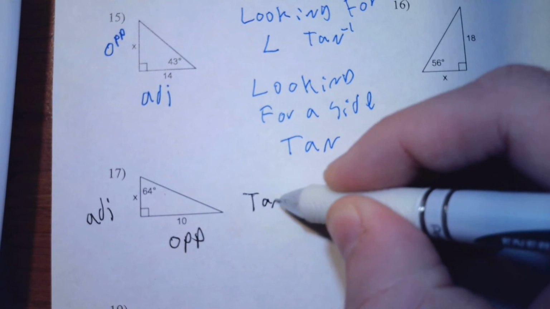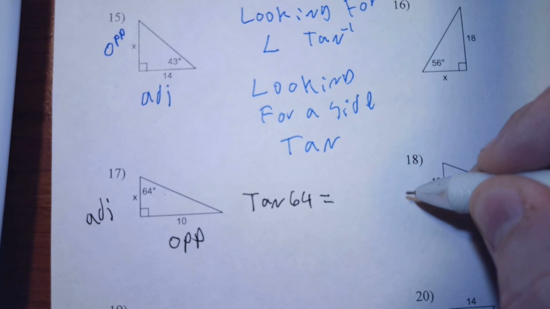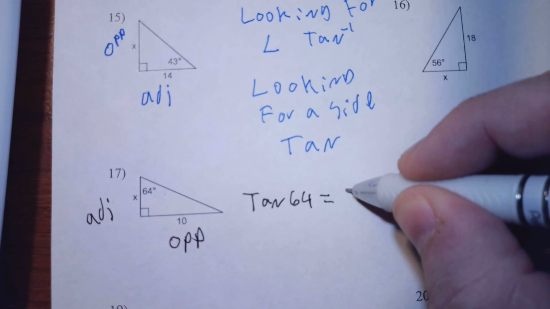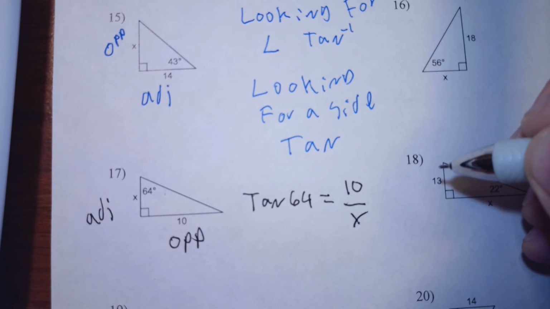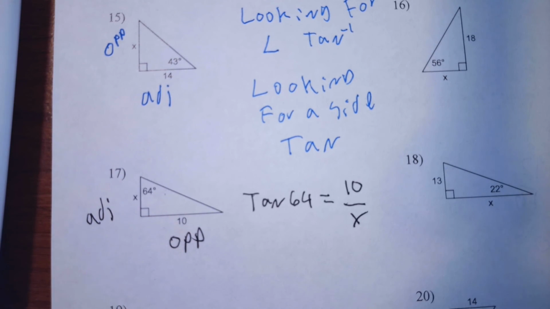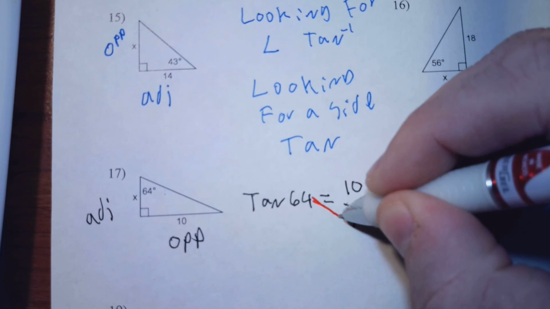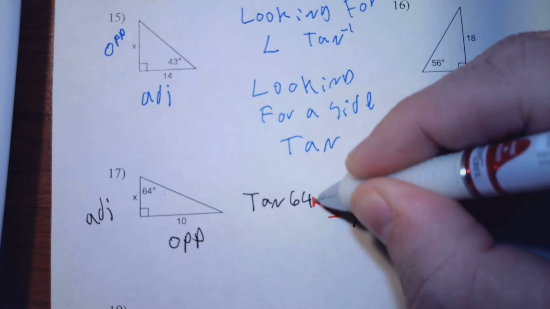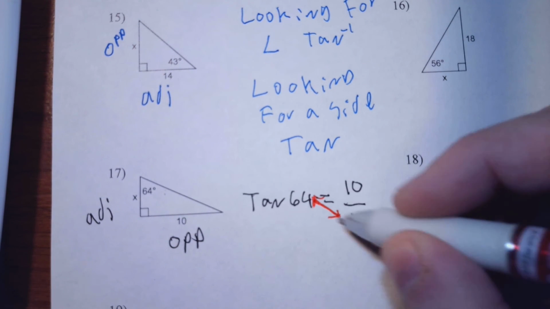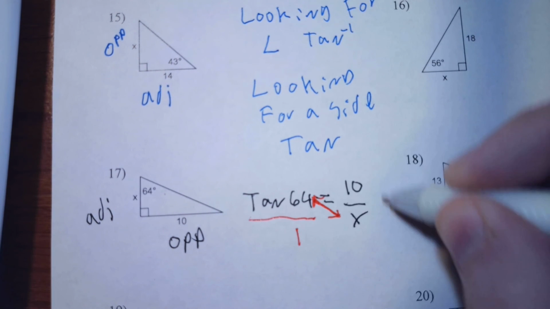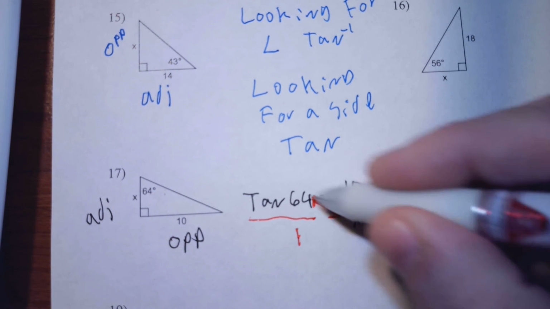Tangent of 64 is going to equal opposite over adjacent. And this one I like to do, basically it's a cross multiplication trick, but I'm just going to change these. This is the easiest way to do it. I'm just going to switch places, which you can do with cross multiplication. Technically there's a 1 over here, but I don't need to do anything with it because 1 times 10 would be 10. So I'm just going to switch these places.